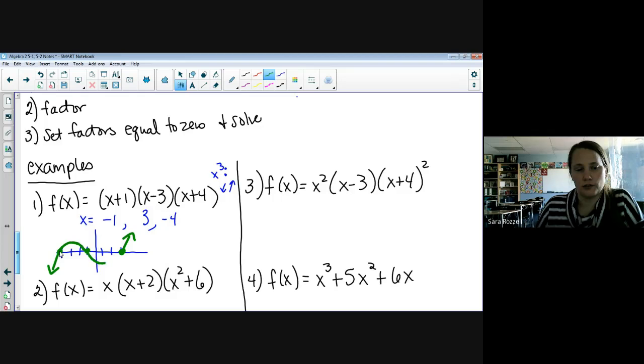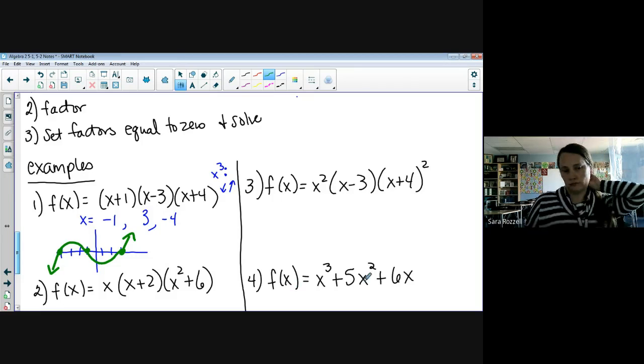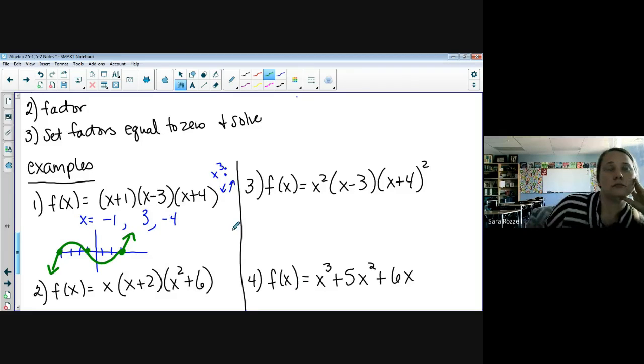Connect, go through, connect. So we tied together the end behavior with the zeros, put them on the graph, down, up, made our connection.